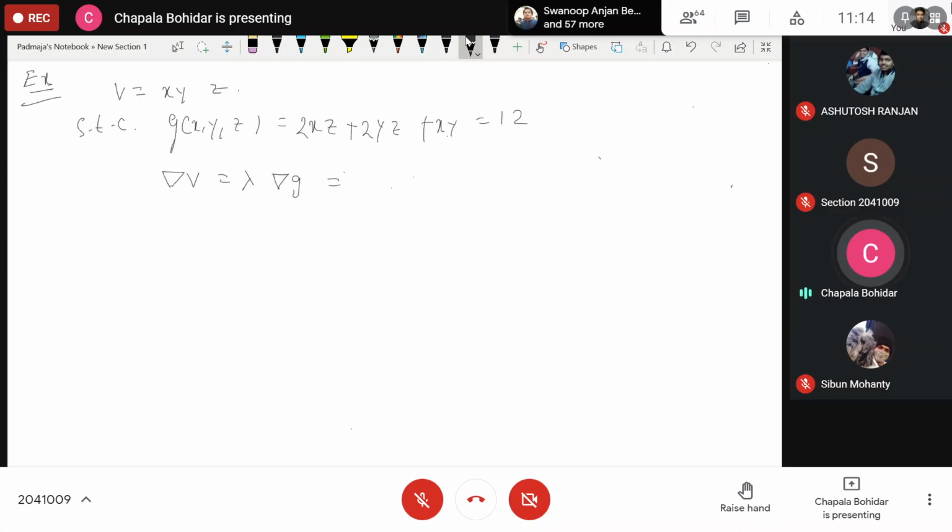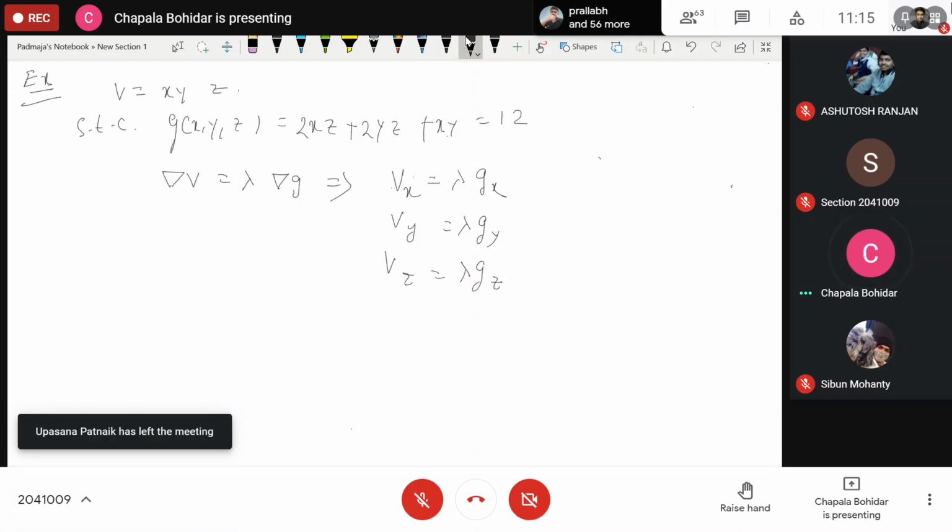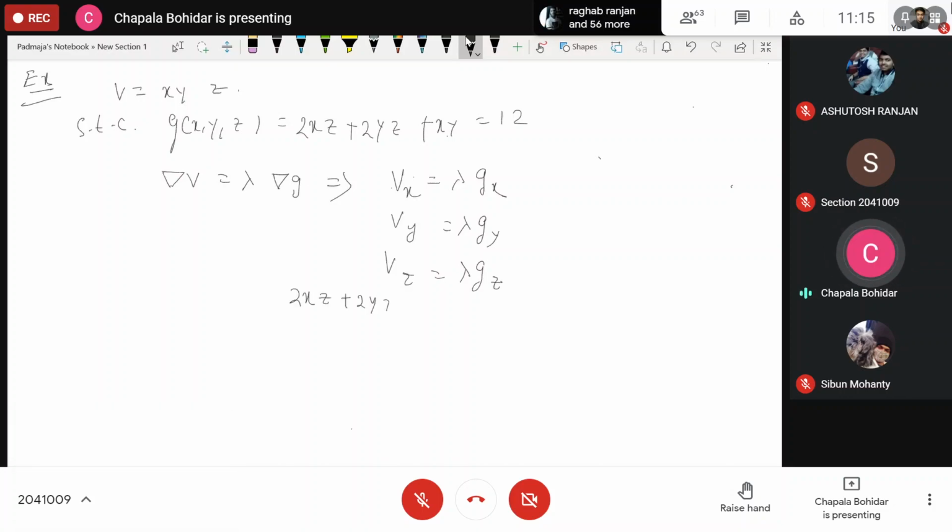This implies, by using components, V of x is equal to lambda into g of x, V of y is equal to lambda into g of y, it is having three variables, then V of z is equal to lambda into g of z, and the constraint 2xz plus 2yz plus xy is equal to 12.